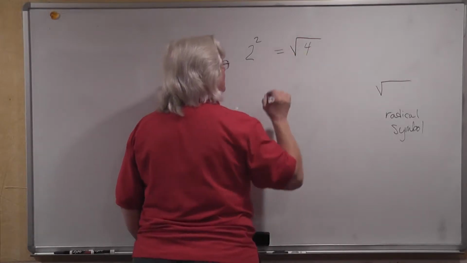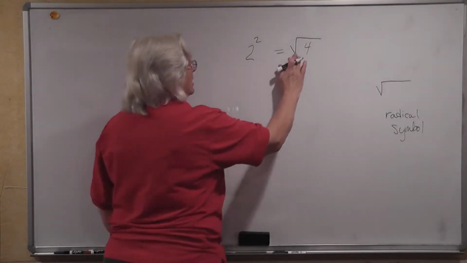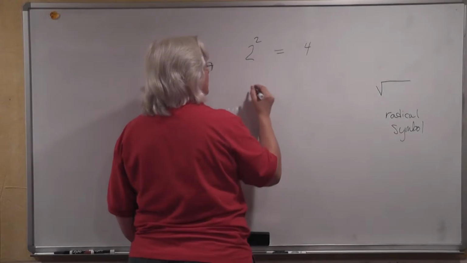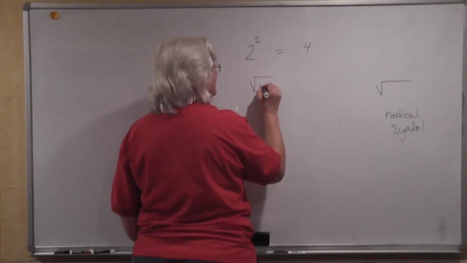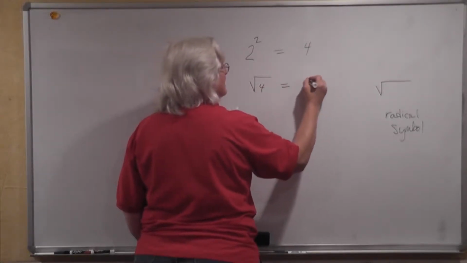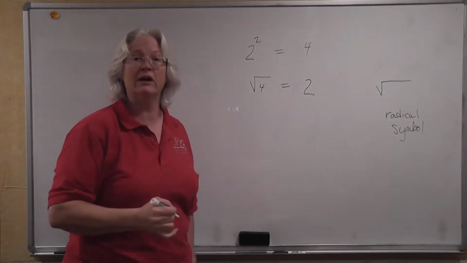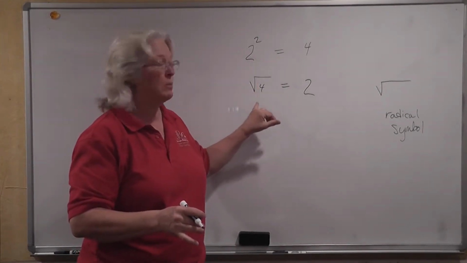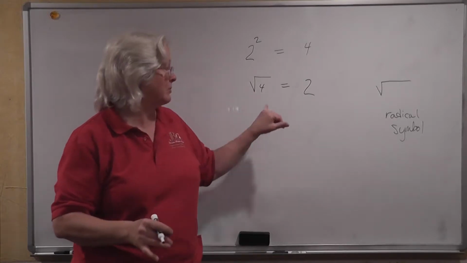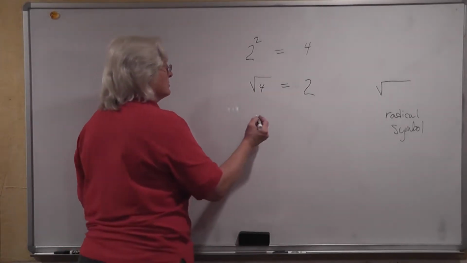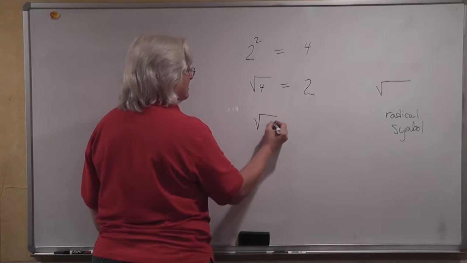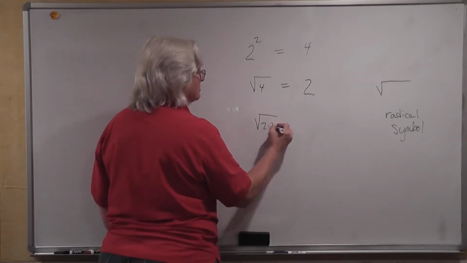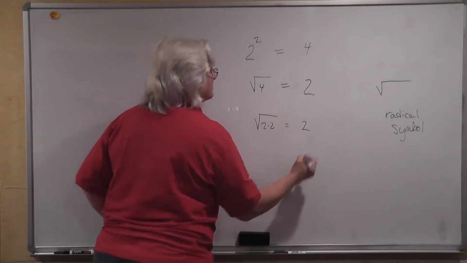And the square root of a number is the inverse operation to squaring a number. When we have the square root of a number, what that says is we're looking to find one of a number's 2 equal factors.